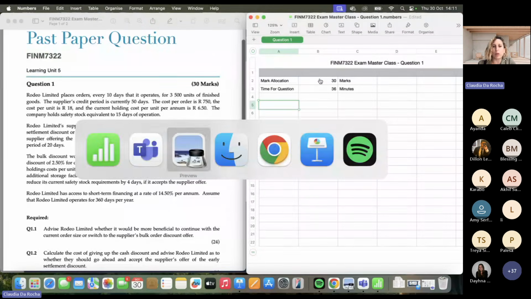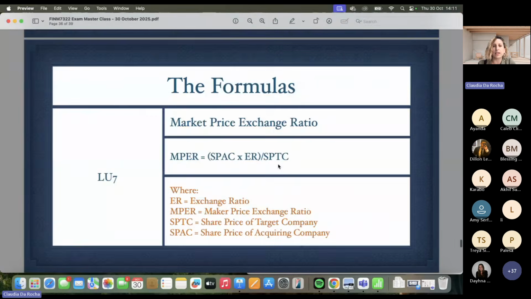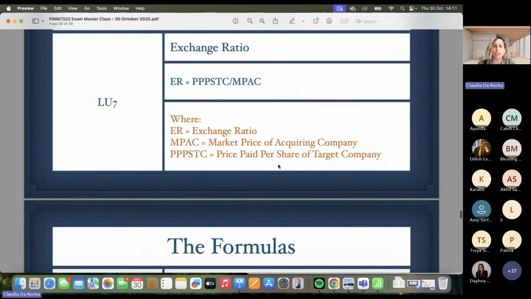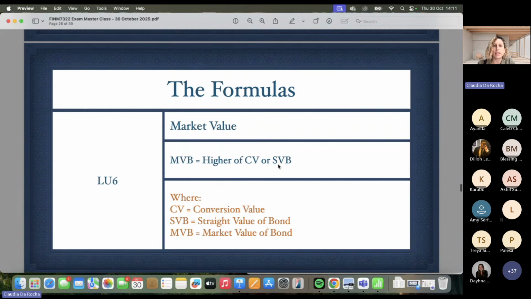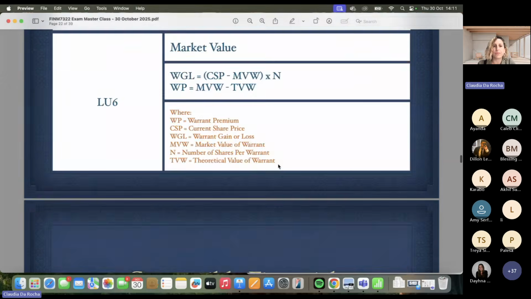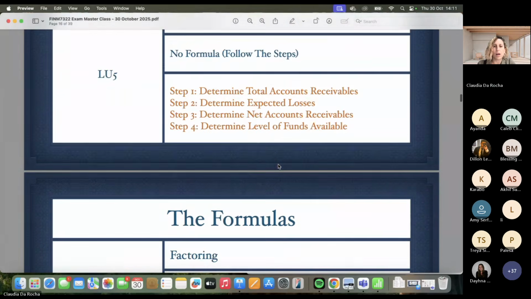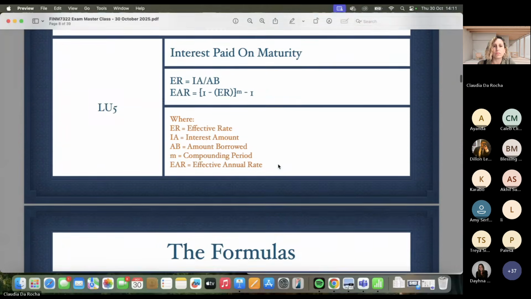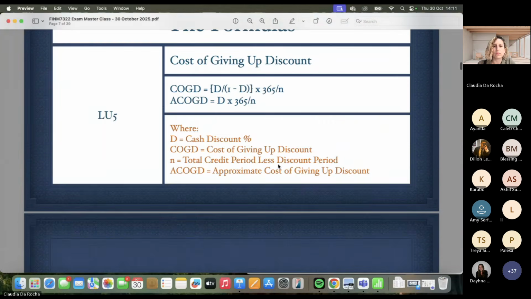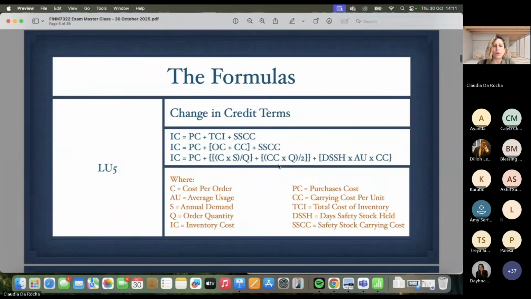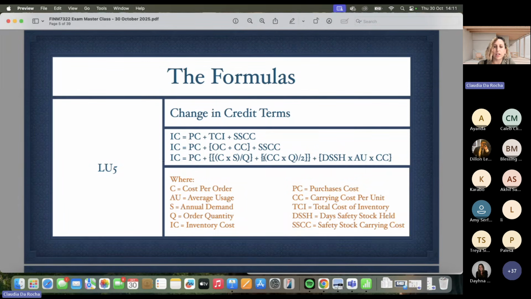Because we're dealing with accounts payable, it means that we are in the credit terms section. So if I go up to my list of formulas, we are dealing with this one. Okay, change in credit terms, and we are trying to calculate the inventory cost.